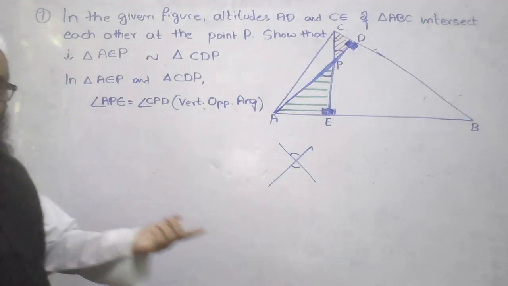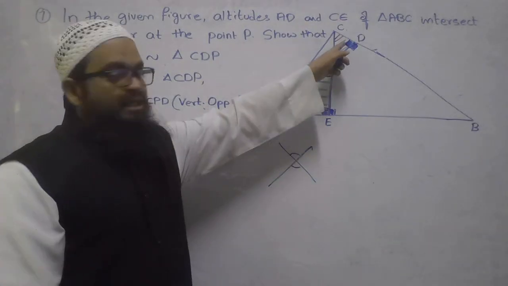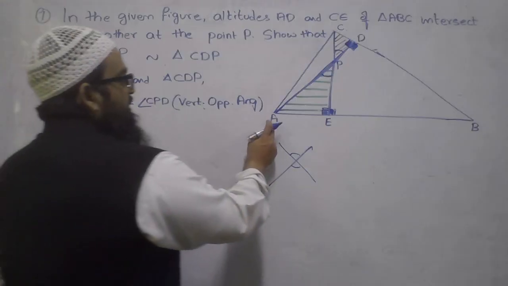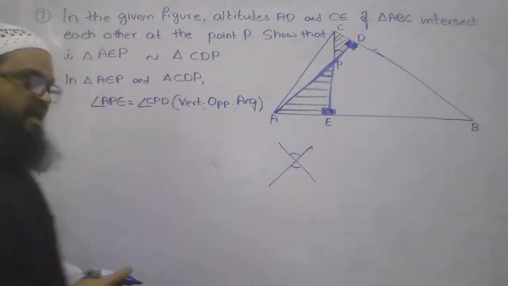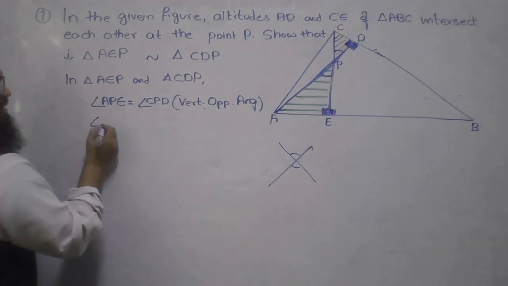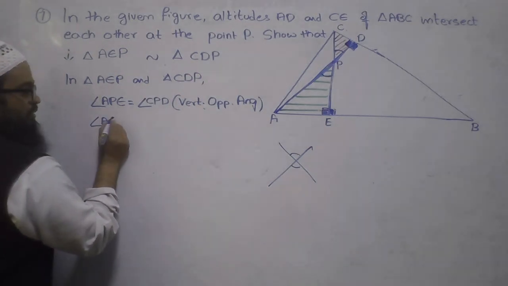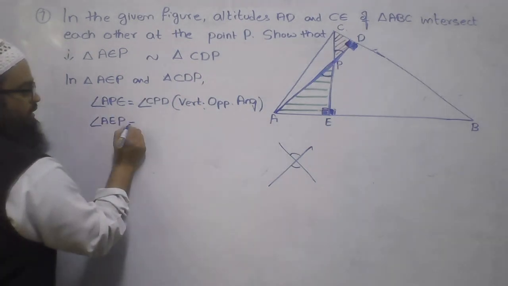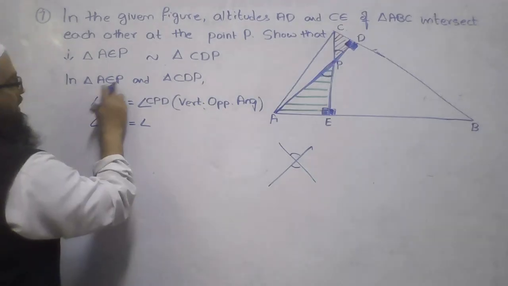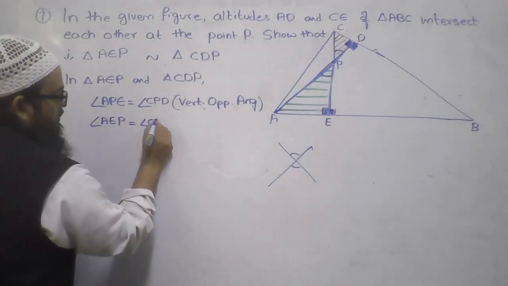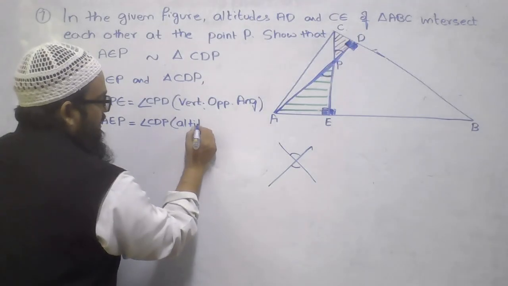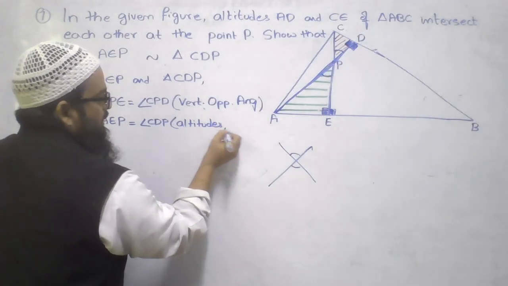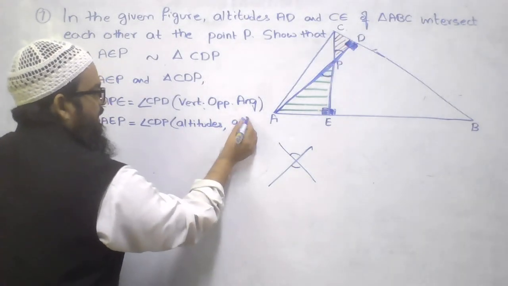Now, what is the other angle that is equal? We have just seen that these two angles are equal. So angle AEP is equal to angle CDP. What is the reason? They are altitudes, and therefore the angle is equal to 90 degrees.